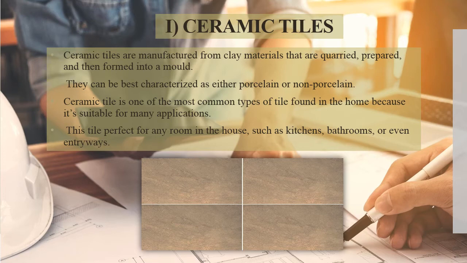Ceramic tile is one of the most common types of tile found in the home because it's suitable for many applications. These tiles are perfect for any room in the house, such as kitchens, bathrooms, or even entryways.